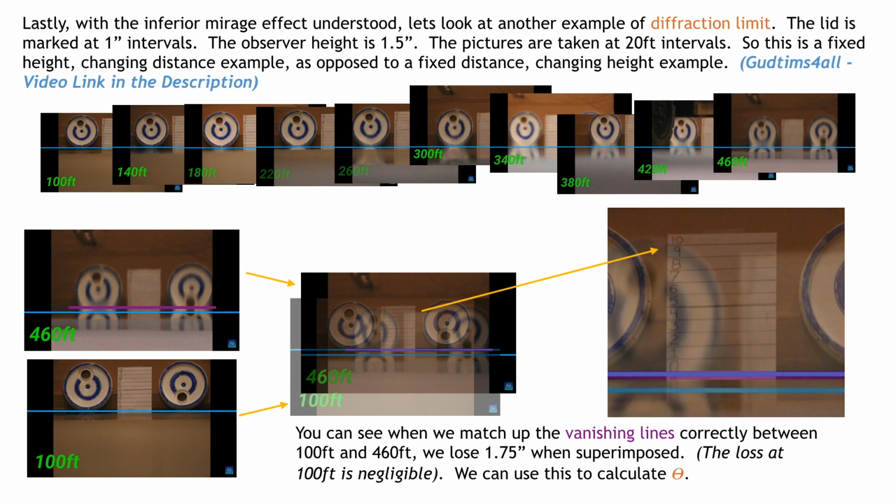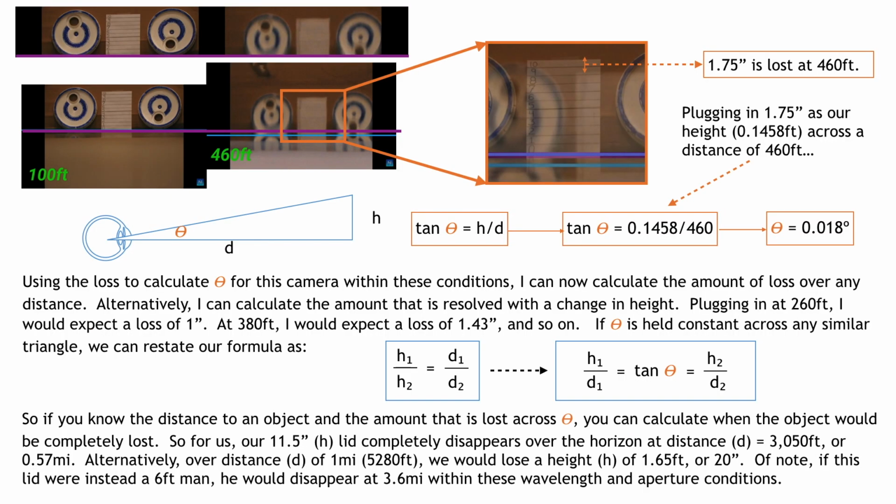So you can see when we match up the vanishing lines correctly between the 100-foot and 460-foot observations, we lose about 1.75 inches like we discussed. And again, the loss at 100 feet is essentially negligible here. And we can use this drop rate to calculate theta for this observer. So we'll do that here.